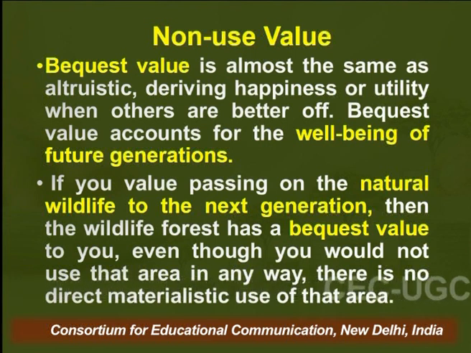However, there is a very slight difference between altruistic and bequest value. Altruistic value is the happiness derived from the utility of others at the present moment, while the happiness you derive when your future generation will be consuming it is a bequest value.